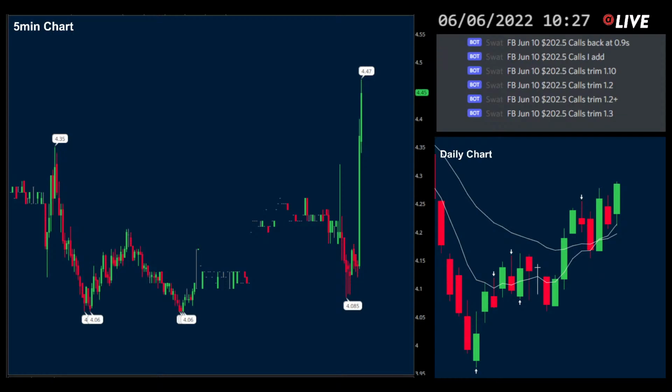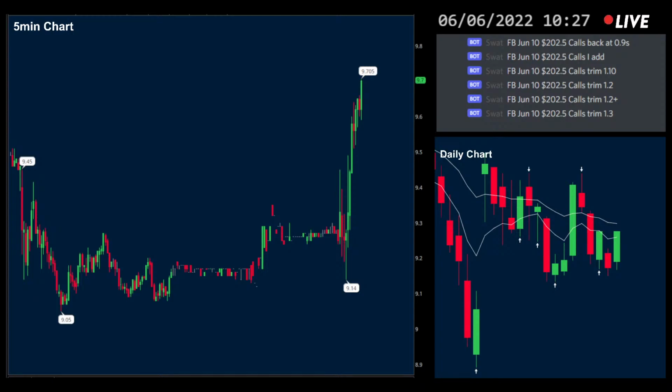I trim some on Facebook. Nice move on FSLR, guys. We alerted 430, right now 445, 15 cents per share. Nice one.